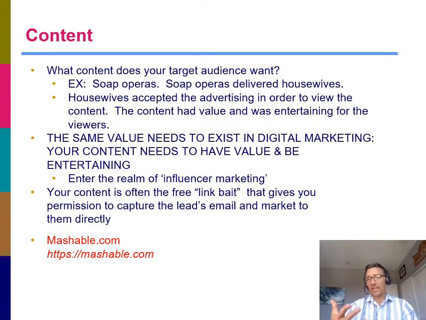It's about giving them good content first, and then down the line they're going to purchase products for us once we get them hooked on our content. So this is what we call influencer marketing. So first we get your permission to market to you, and you like our content and you're interacting with it. And then down the line at some point we're going to trade you up to our even better stuff, and you're going to purchase that.